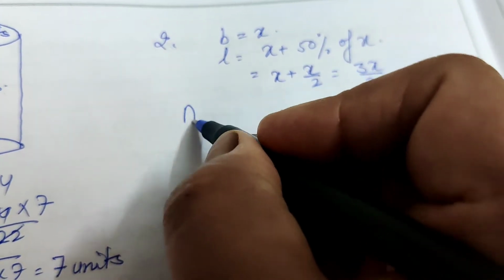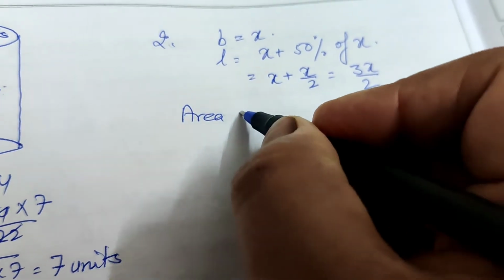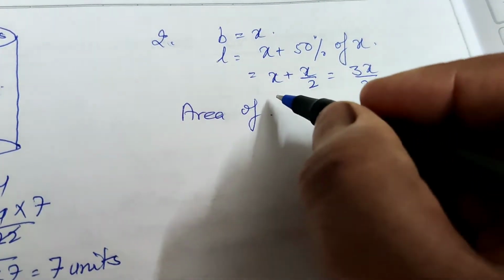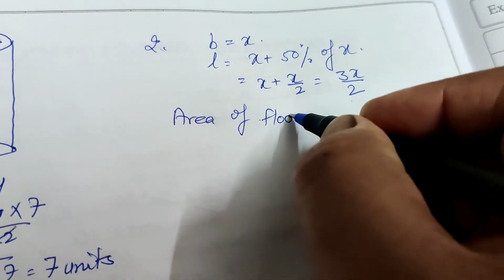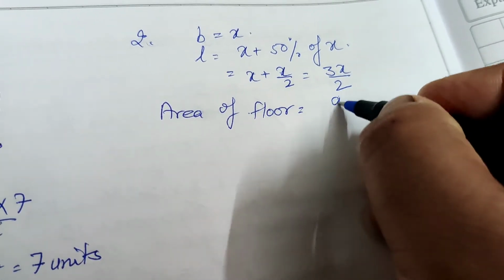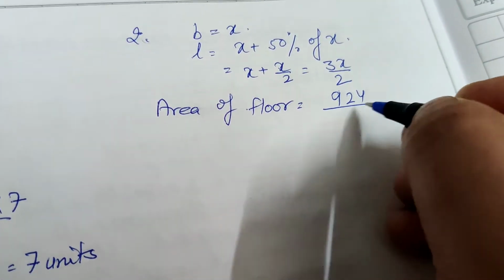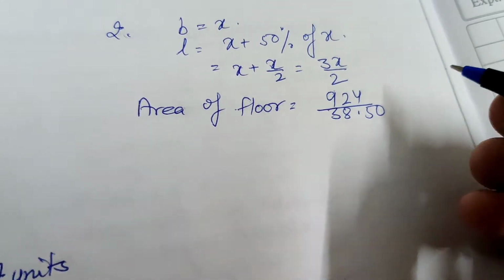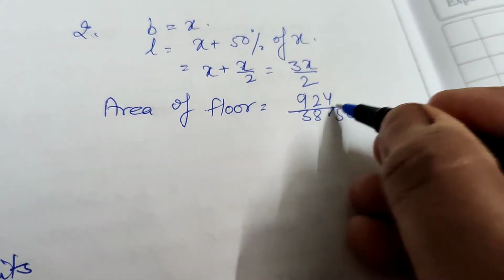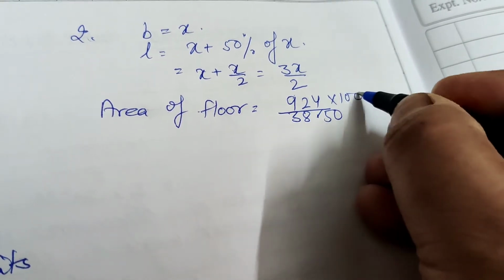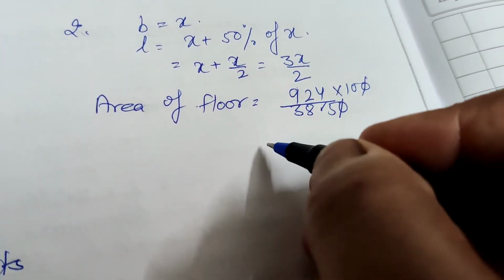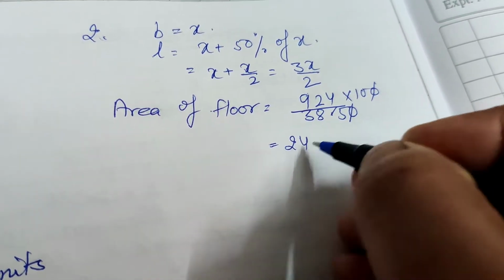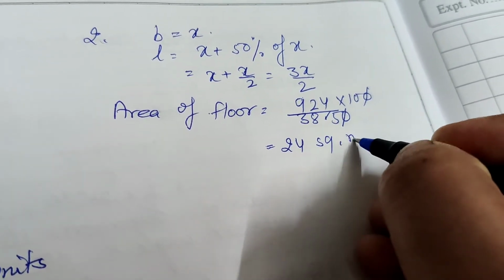Now the area of the floor equals the total cost 924 divided by 38.50. Now cancel and solve. You will get 24 square meter.